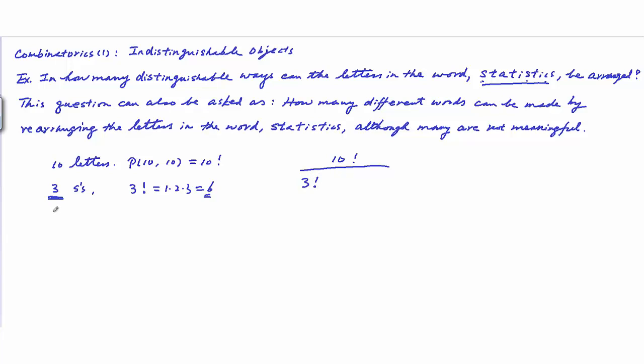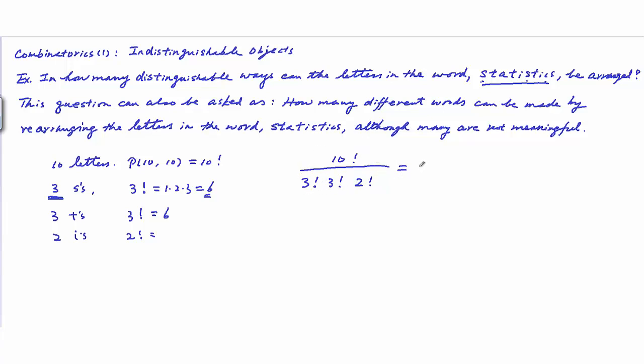We also have 3 T's, and that will be 3 factorial as well, so we divide by this 3 factorial too, because this does not give us new words. And then we have 2 I's, so that will be 2 factorial. So that is divided by 2. Therefore, this will be the number of distinguishable permutations.